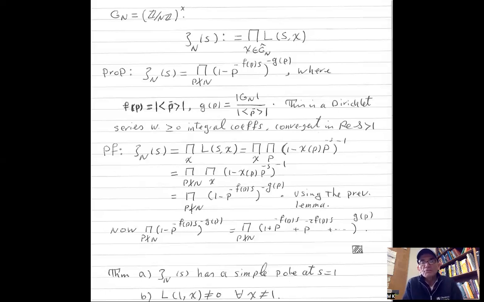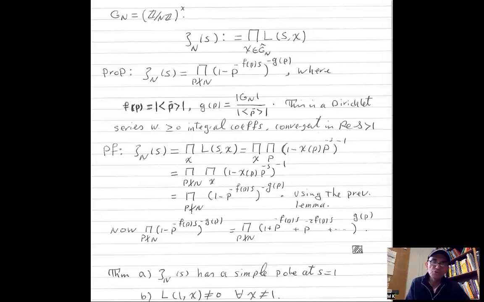Now each of those factors, we can write, using the previous lemma, as (1 minus p to the power minus f of p s) to the minus g of p. The nice thing about these factors is that each factor is manifestly a Dirichlet series with positive integral coefficients.